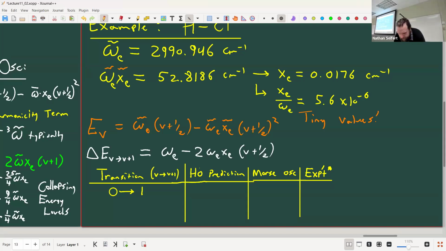What we predict, let me change this number, I'll just write 2991. And the Morse oscillator predicts it to be at 2991. And experimentally, we see it at 2990.9.